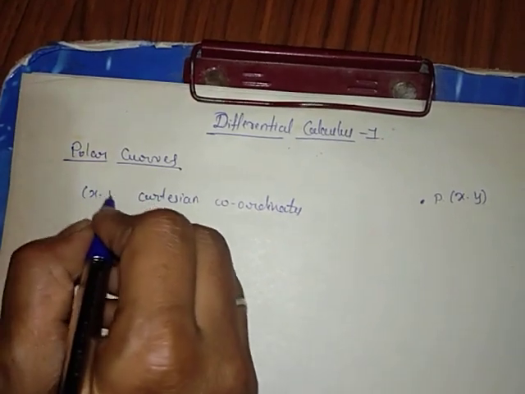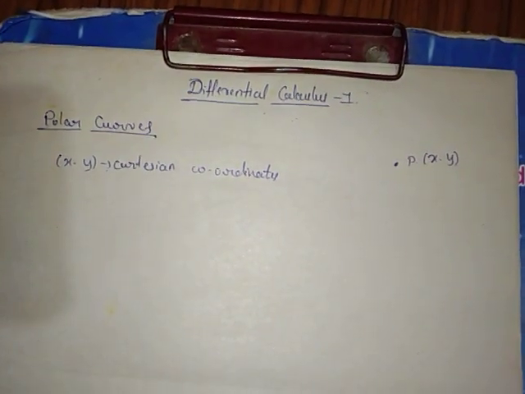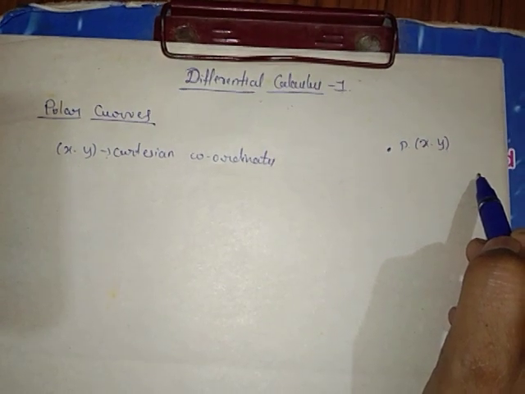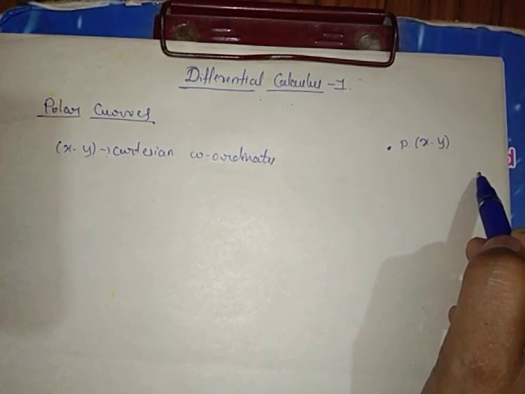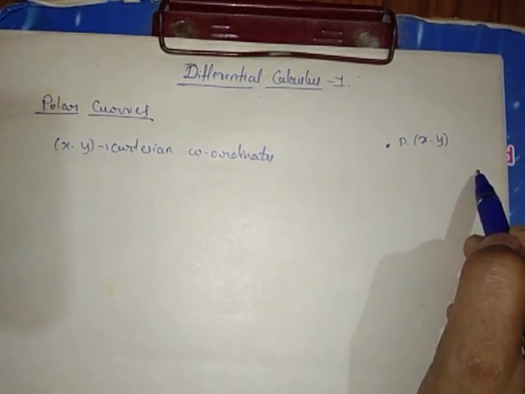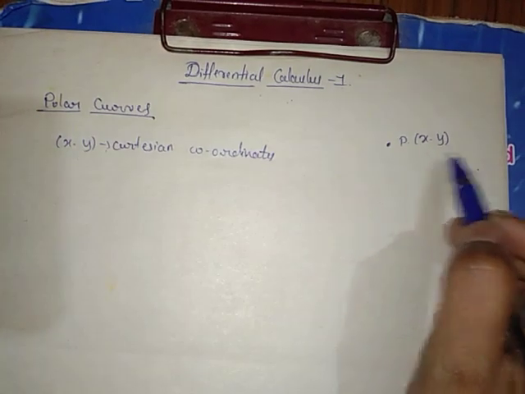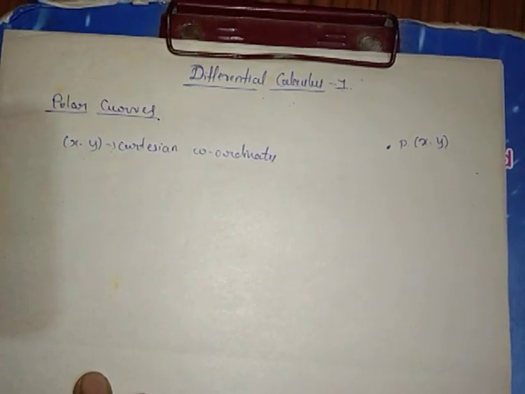In this topic we are going to form the representation of this point in the polar plane, and a point in a plane will be known as a polar system. So we are going to convert these coordinates into polar coordinates here.